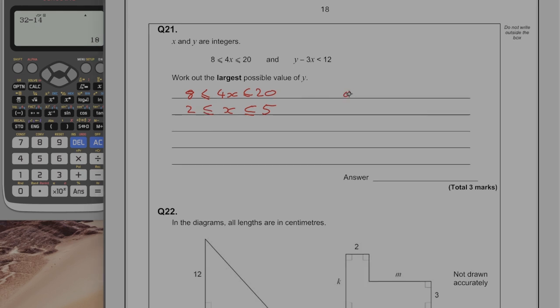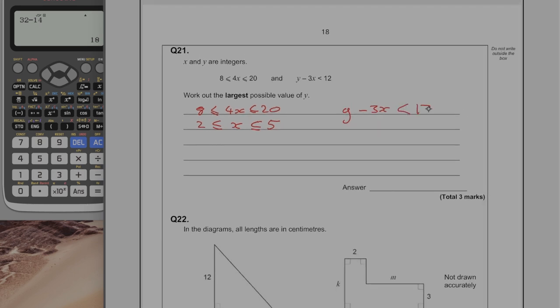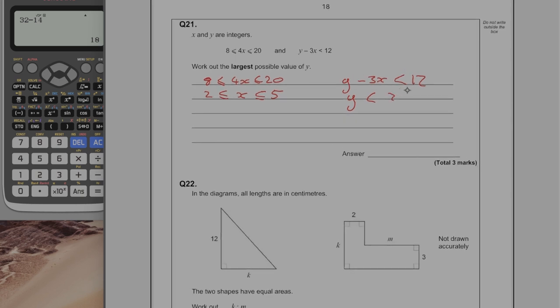And then if we look at the y minus 3x has to be less than 12. So I actually want y, so I'm going to add 3x to both sides. So I'm going to say that y has to be less than 12 plus 3x. So for this, we want the maximum possible value for x. So we're going to take x being 5.